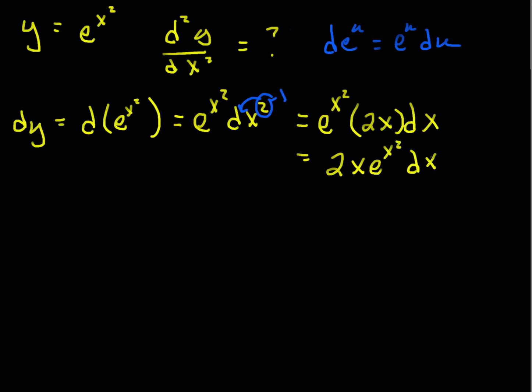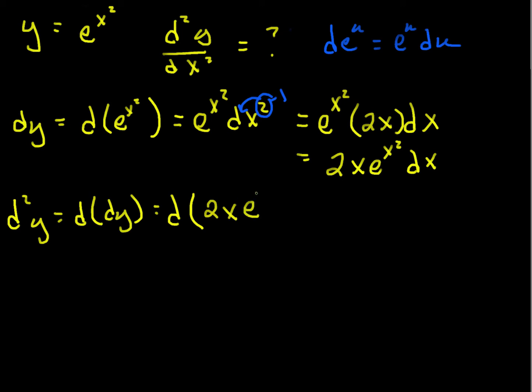Okay, that's what the differential of y is. So what is the second differential of y? Well, the second differential of y is just the differential of the differential of y, which we calculated in the previous step. So this is the differential of 2x e to the x squared dx.